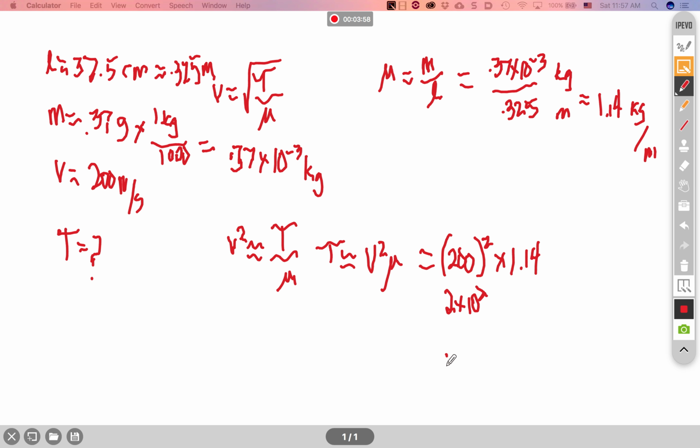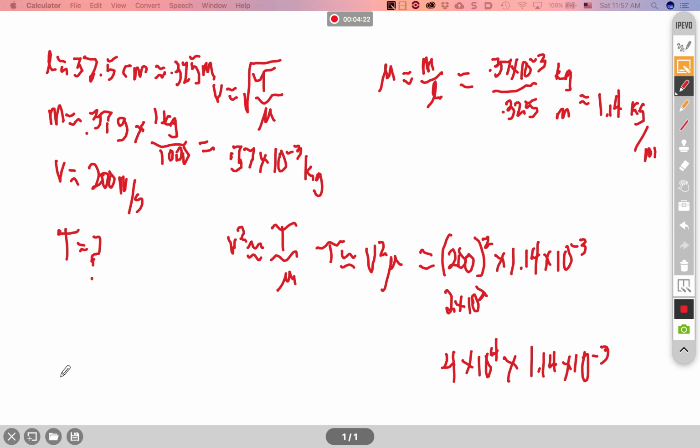So squaring it gives us 4 times 10 to the fourth. That's 10 to the minus third times 1.14 times 10 to the minus third. 10 to the fourth times 10 to the minus third is 10.